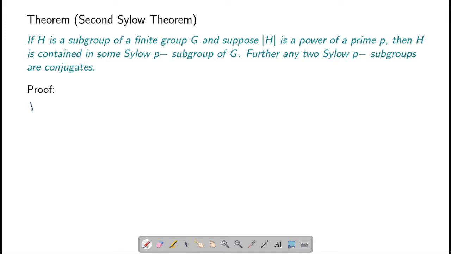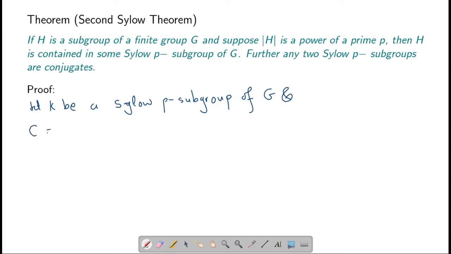So let K be a Sylow p-subgroup, and I will take C to be the set of all conjugates of K. Now notice that as G is a finite group, the set of all subgroups of G is also finite, and hence the set of all conjugates of K, which are subgroups of G, is also going to be finite.